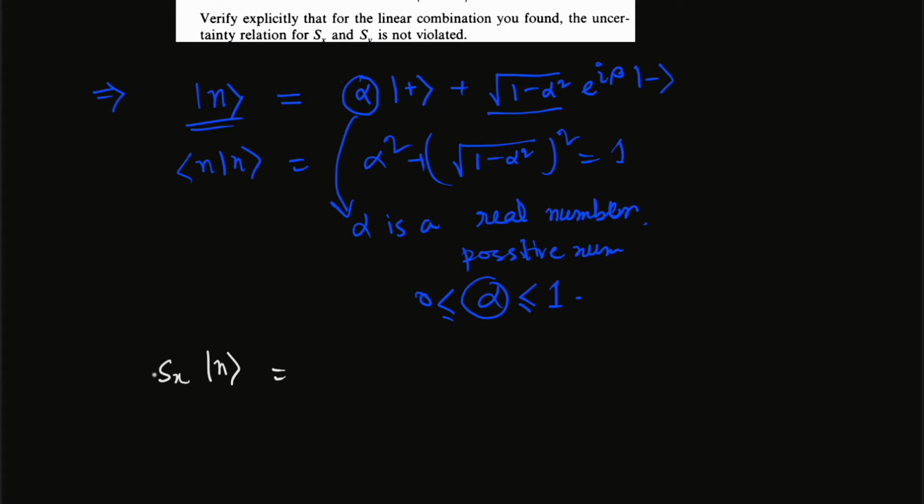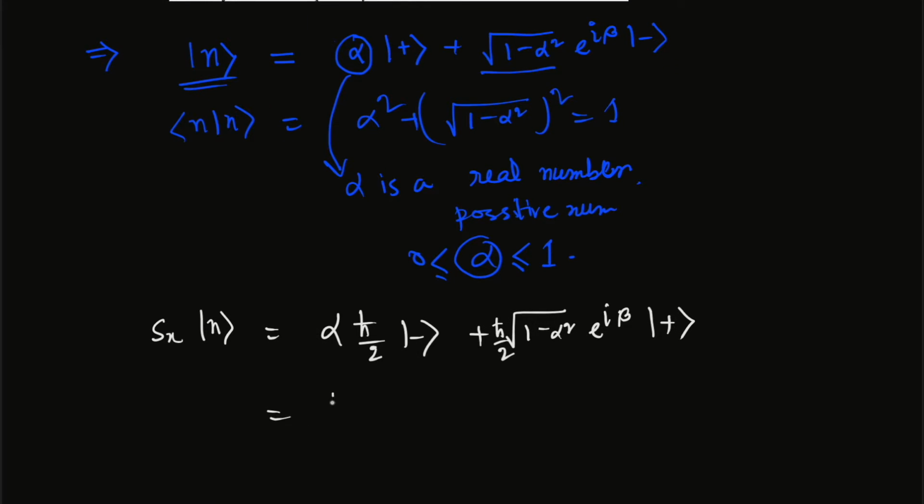As we know, Sx operating on |+> gives (h cut by 2) |->, and Sx operating on |-> gives (h cut by 2) |+>. So we get h cut by 2 times [alpha |-> plus root of (1 minus alpha squared) e to the power i beta |+>].